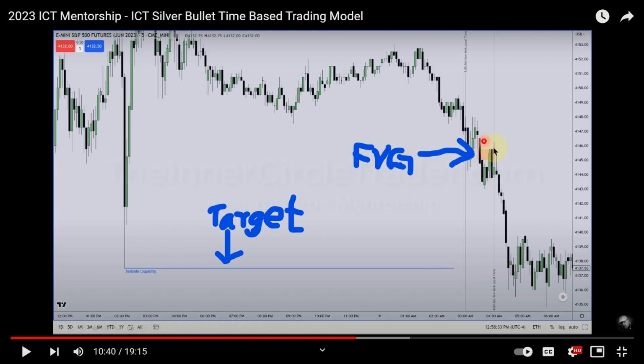His stop loss should be right above the fair value gap here, and the target below this sell side liquidity, so somewhere here. So he was tagged in right here, and then the trade went all the way down to the target here. So this is one of the trades that he used to teach this strategy.